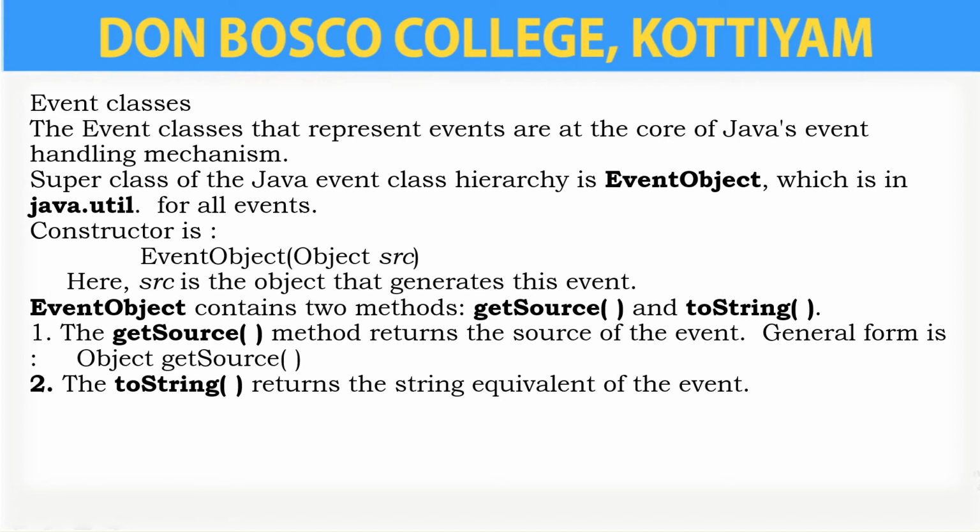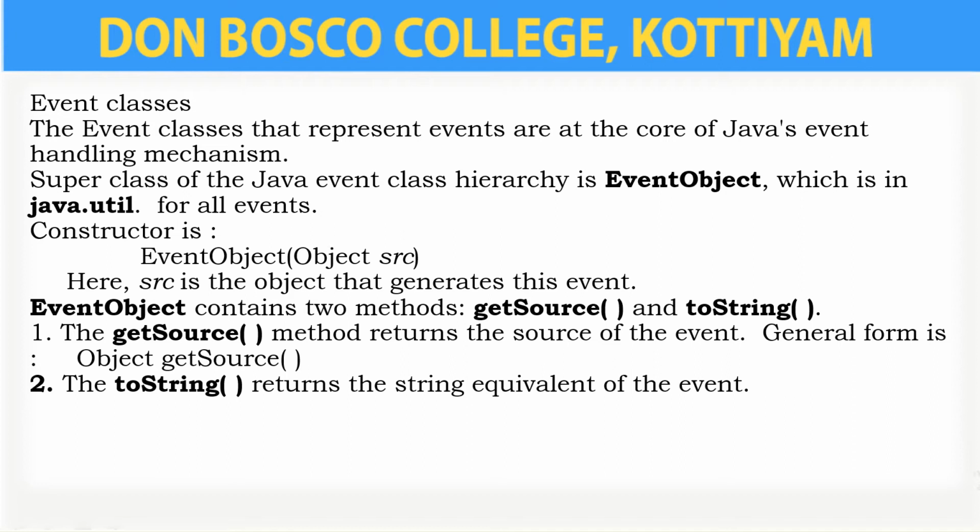All the events in Java have corresponding event classes associated with them. Each of these classes is derived from one single superclass known as EventObject. It is contained in the java.util package.